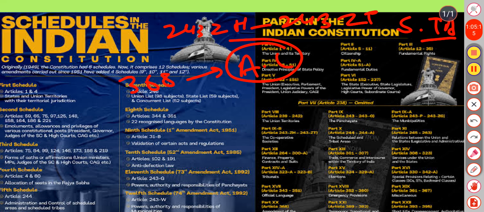Now part 22, articles 393 to 395, that is short title, commencement, authoritative text in Hindi and repeals, right? So these are all important. Okay, so these are the most important articles and parts.